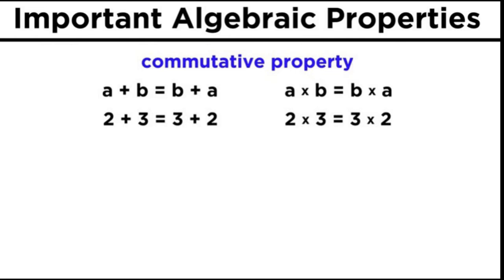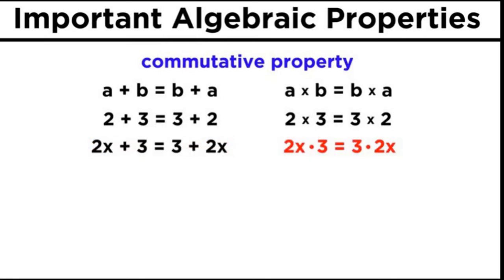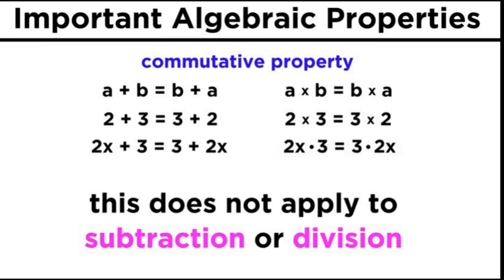The order in which we add or multiply algebraic terms is irrelevant. 2x plus 3 is the same as 3 plus 2x, and 2x times 3 is the same as 3 times 2x. However, let us recall that the commutative property does not apply to subtraction or division, and that will be the case in algebra as well.